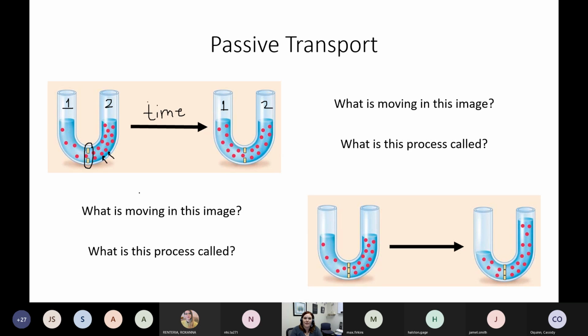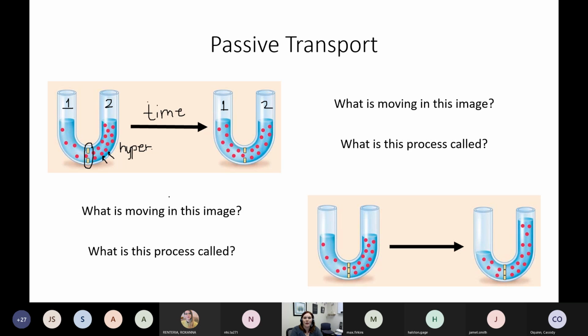When we're comparing the solution in side one and side two, which solution, one or two, would you say is hypertonic? Would 1 or 2 be hypertonic? Exactly. Yep, we are totally right. Side number 2 is hypertonic.